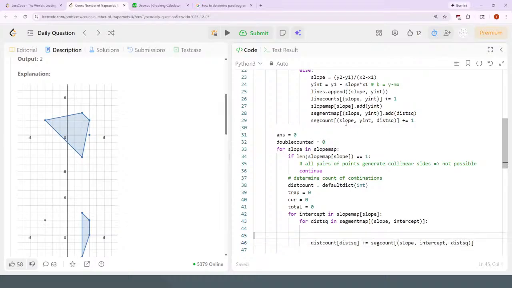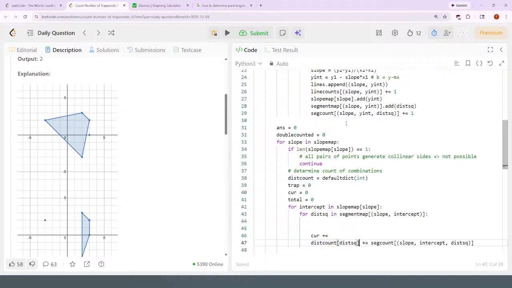So that needs to be done. I think I do need to say something like current plus equals the same deal. So it's the current for this particular distance, for this particular slope intercept.